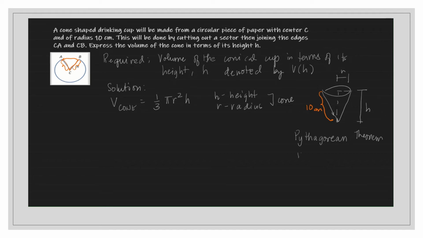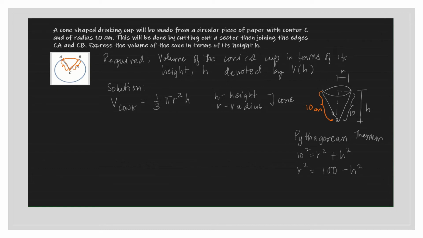So we have 10 squared is equal to r squared plus h squared. So this one is also 10 centimeters long, which is the slanted height of the cone, and it corresponds to the hypotenuse of a right triangle having legs r and h. So in this case, we find that r squared is equal to 100 minus h squared.